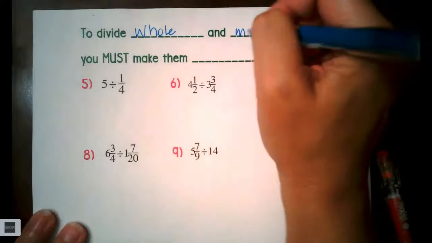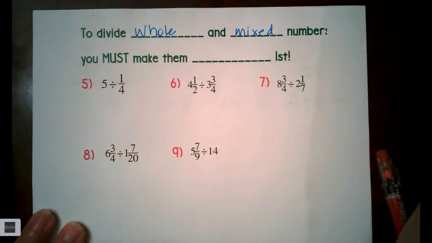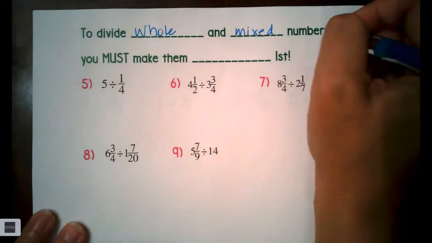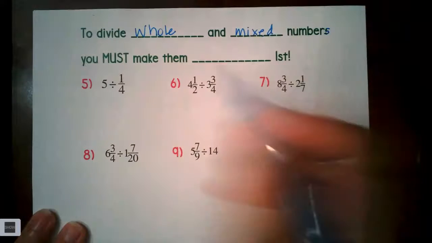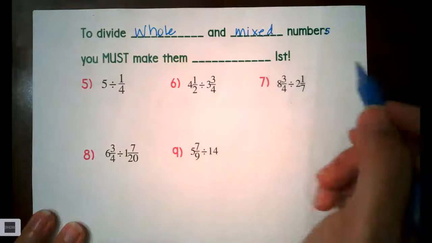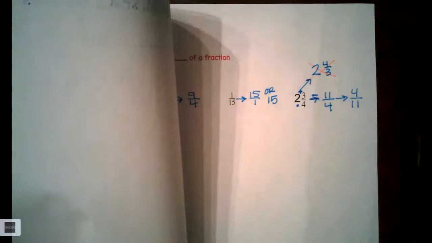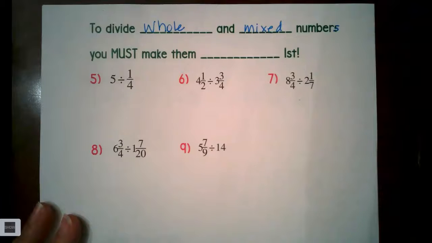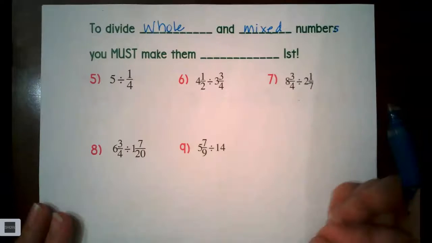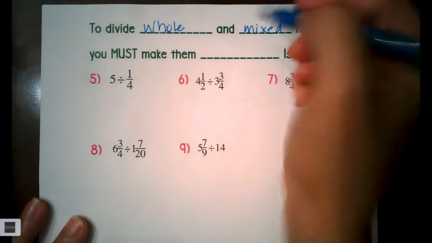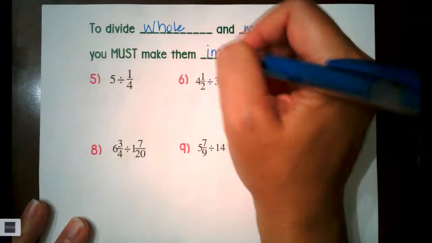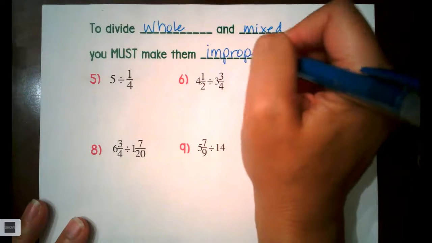You must make them improper first. Well, over here we were dividing fractions, right? So guess what you're going to do to your whole numbers and your mixed numbers? That's right, we're going to make them improper fractions first.